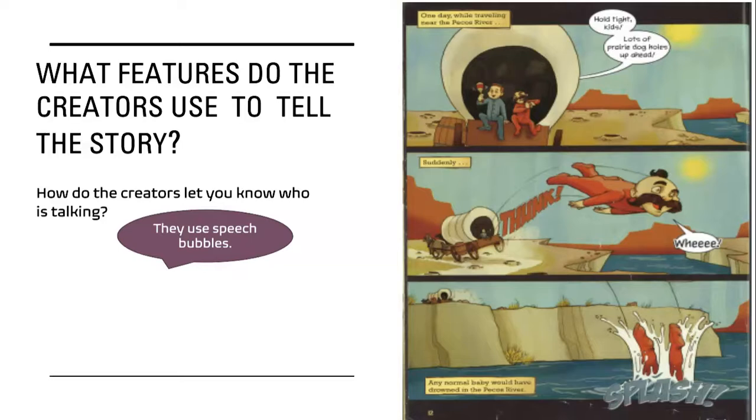Some speech bubbles, as you can see in the top panel, are connected with each other, and there'll be a tiny little gap there to show that people are saying multiple things, or to show that there was a little pause in their speech. Sometimes they're oval shaped, not always, depending on what the author wants you to think about the words being said.